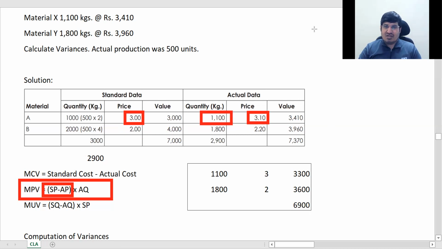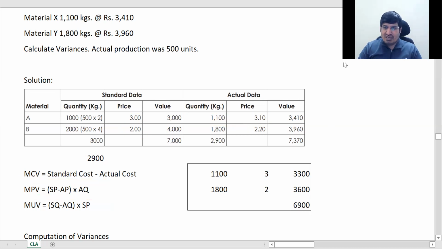How much you get? Minus 0.1 into actual quantity. Minus 110. Got everyone?